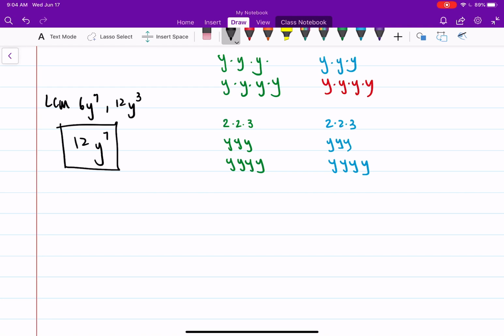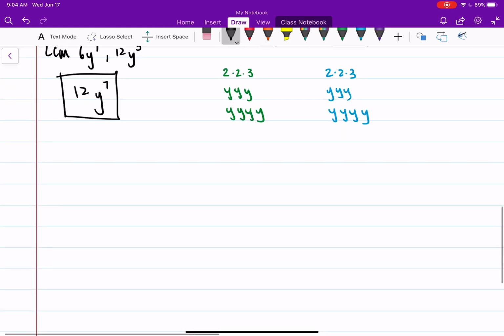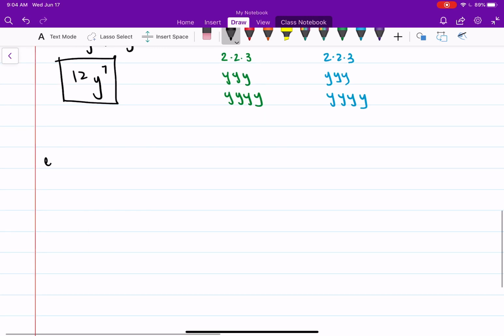All right. So what if we had a fraction? So let me see here. Let's say I got an example, and I have 7 over 27 plus 1 over 6, okay?